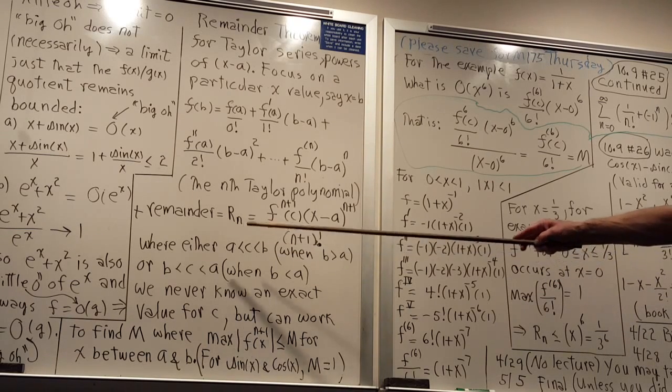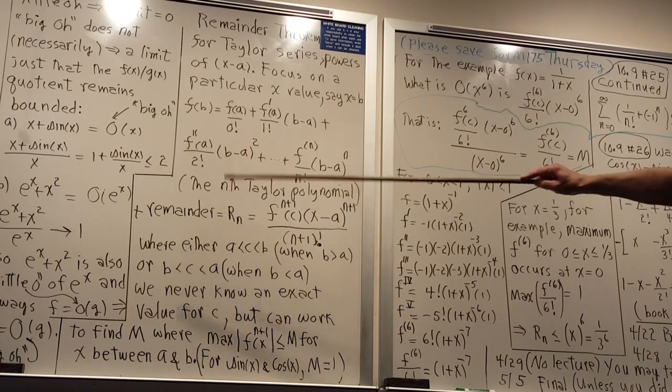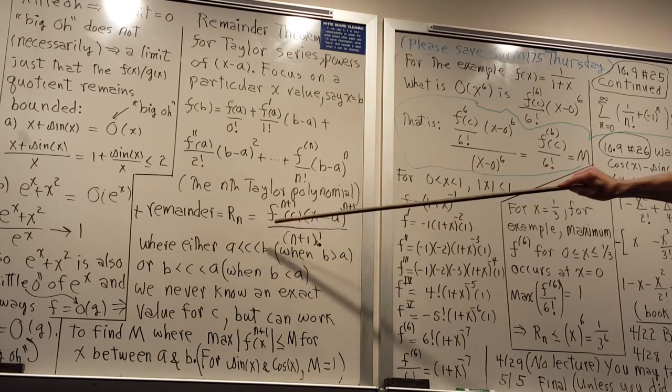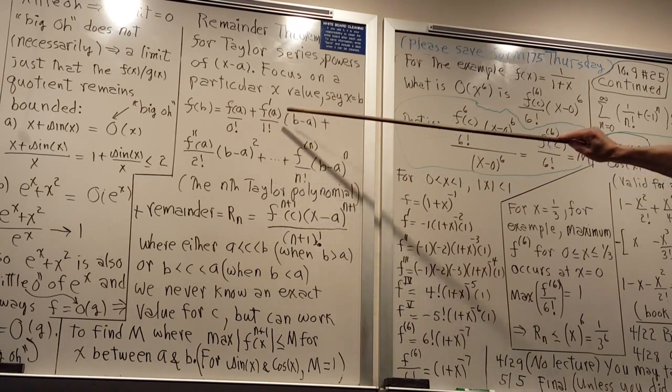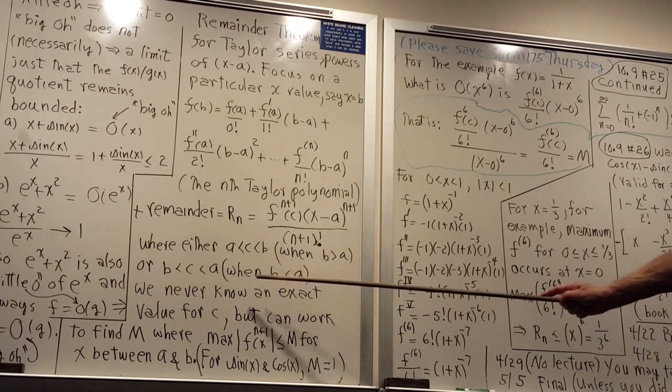In other words, if you were talking sine of 31 degrees and working with powers of x minus pi over 6, which would be like 30 degrees, then the c would be between 30 and 31 degrees. But if you were using the series to do sine of 29 degrees, the 29 degrees is less than the a, which is 30 degrees, and then you'd have it the other way around.